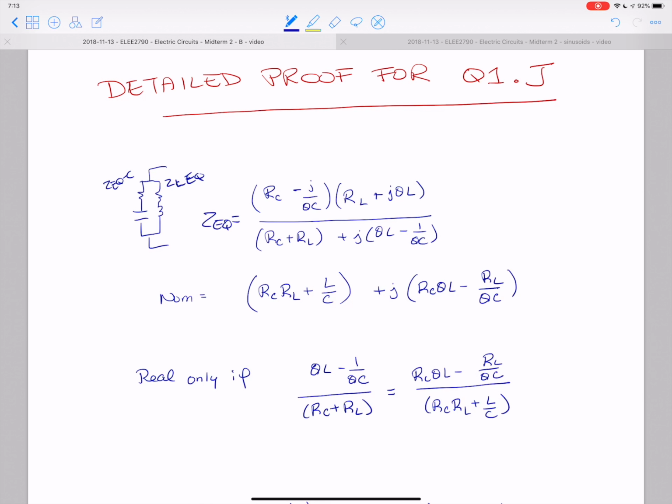And when you rearrange this, you notice that you have a numerator and a denominator.